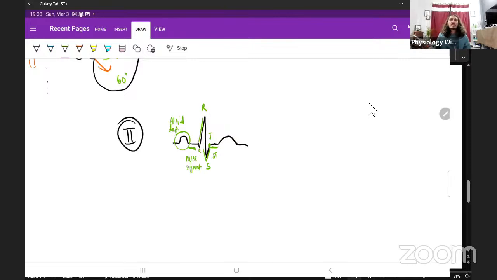After that, repolarization should happen. This is ventricular repolarization. Mind you, the atrial repolarization should happen somewhere over here, but you cannot see it because it is masked within the ventricular depolarization. So now this is your ventricular repolarization, and that is your T wave.